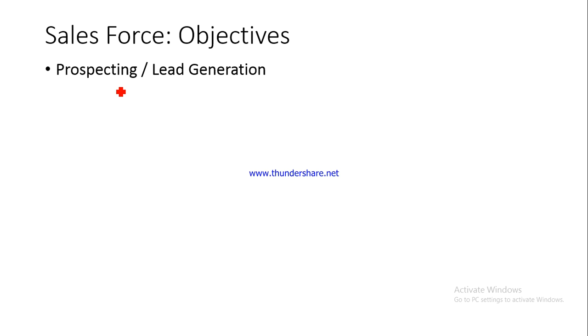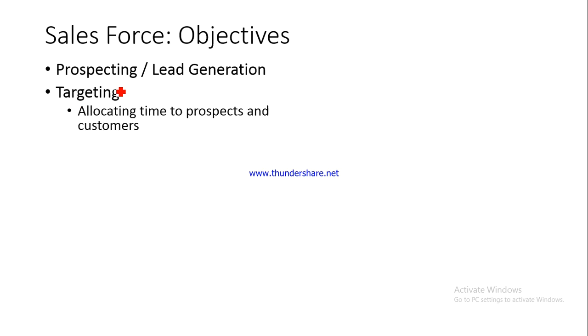That is what you look for, prospecting and lead generation. And I have said that to be able to prospect well, or to generate leads which may eventually convert into customers, you need to be very, very creative as a salesman.